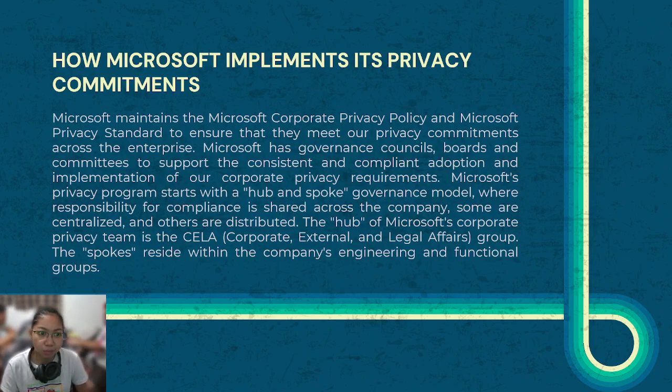Microsoft's privacy program starts with a hub-and-spoke governance model where responsibility for compliance is shared across the company. Some are centralized and others are distributed. The hub of Microsoft's corporate privacy team is the Corporate External and Legal Affairs Group. The spokes reside within the company's engineering and functional groups.